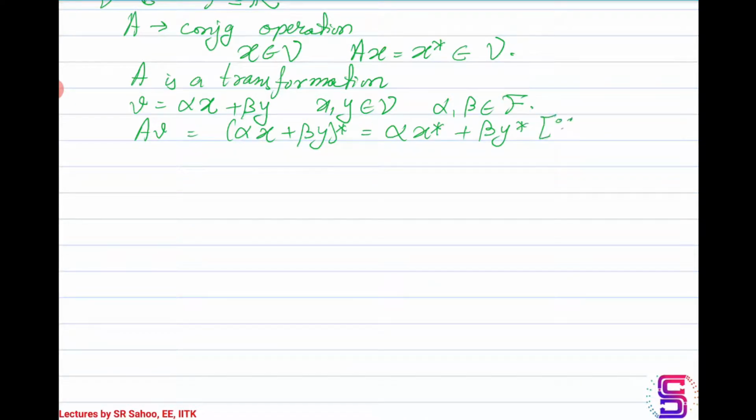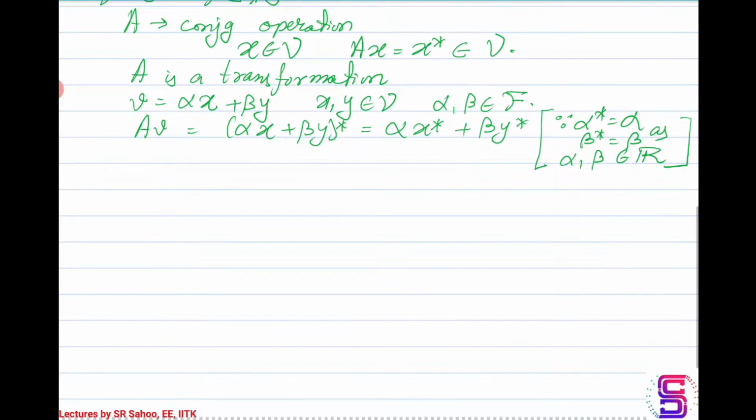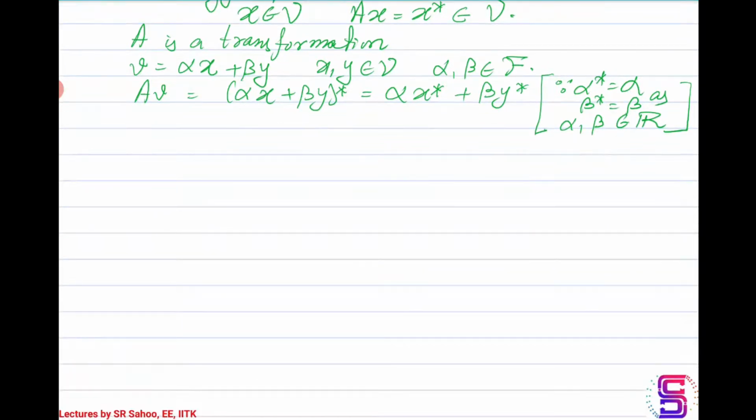Why? Since alpha conjugate is alpha and beta conjugate is beta, as alpha and beta are both reals. That is what our underlying field is. Also, this is the same as writing alpha Ax plus beta Ay.